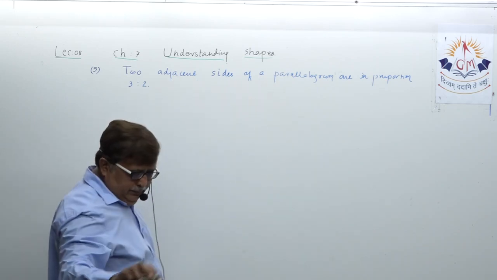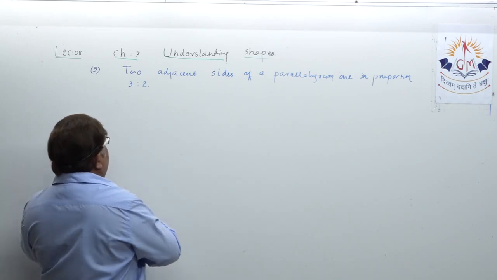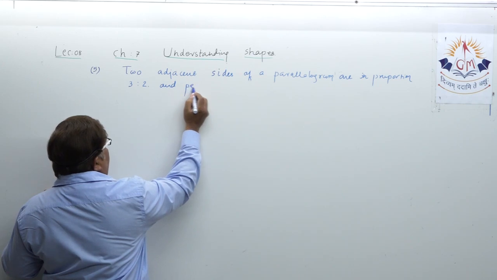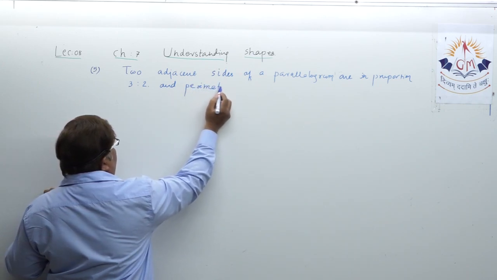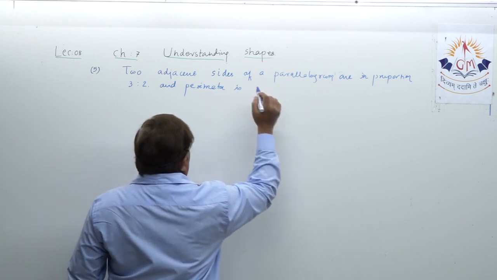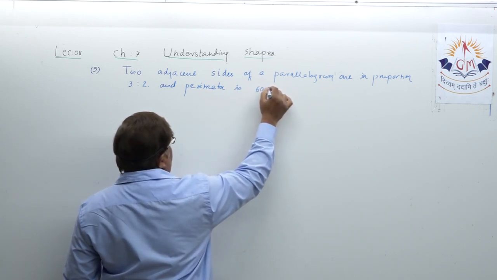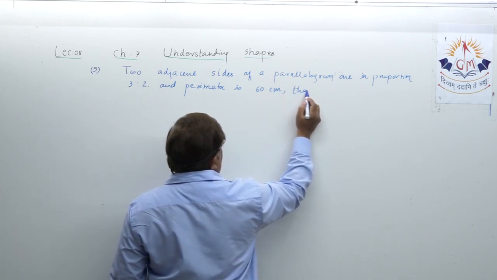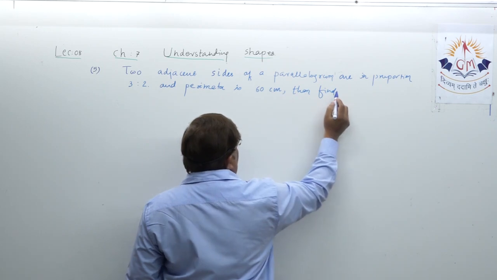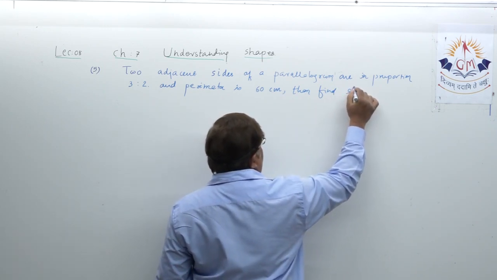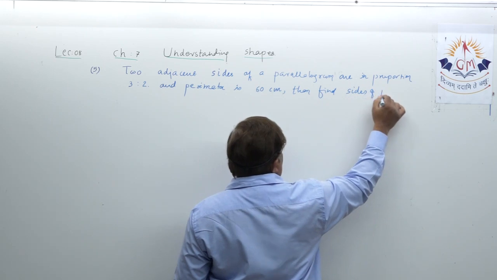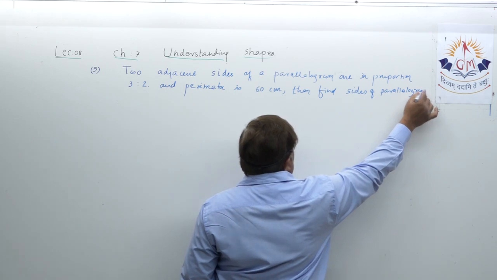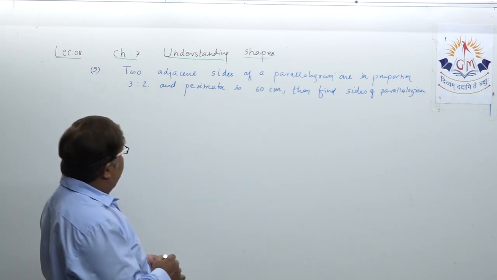And perimeter, so we have to give here, and perimeter is 60 centimeter. Then find sides of parallelogram. This is the question. Sides of parallelogram. Okay, this is the question.